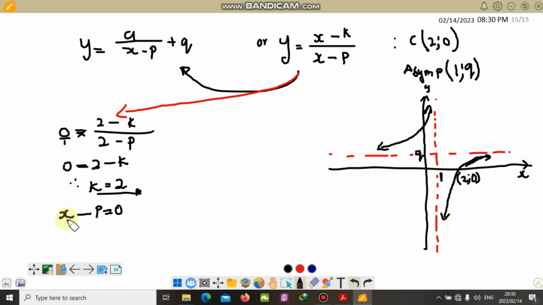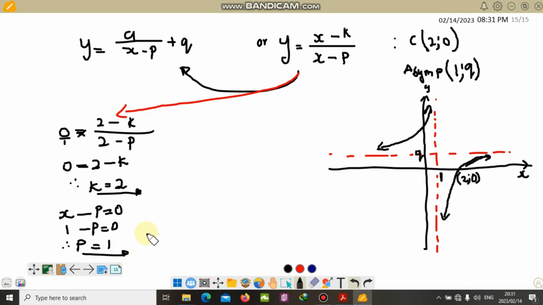And x is going to be the asymptote, the x value of the asymptote. So what is the x value of the asymptote there? Remember, this is for p. So for p, we use the asymptotes because p represents a point of asymptote, right? So the x value of the asymptote here is 1. Let's say 1 minus p equals to 0. Therefore, p is equals to 1.